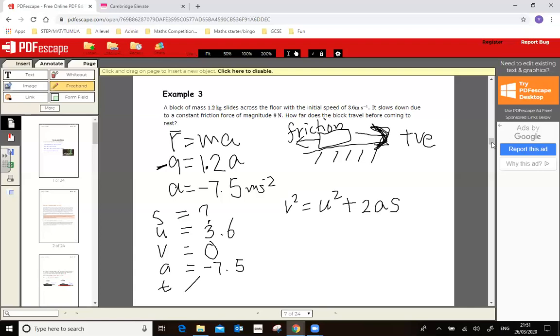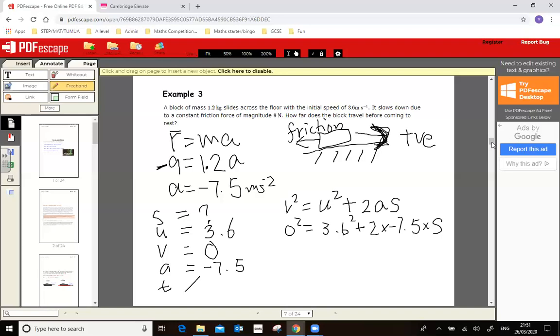Let's substitute the information into the formula. V is 0, so we have 0 squared equals U squared, so 3.6 squared, plus 2 times minus 7.5 and then times S, which is our unknown.